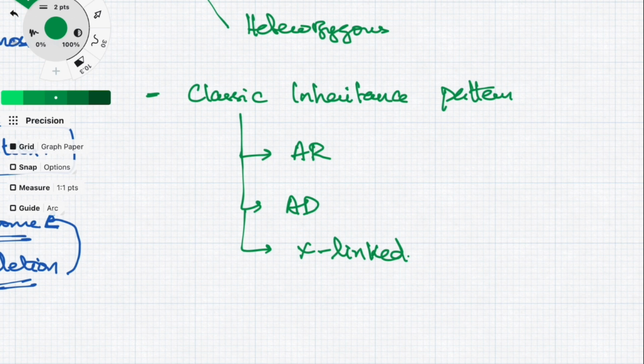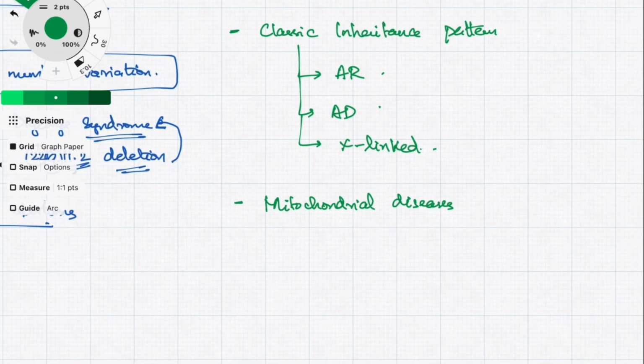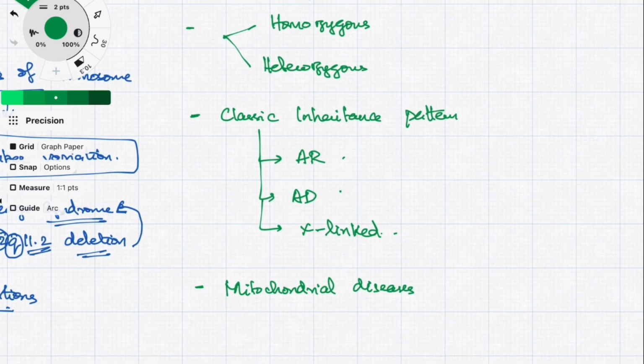So you can easily categorize them into one of these. And mitochondrial DNA can also be affected. So this includes mitochondrial diseases as well. Not just your nuclear DNA, but mitochondrial DNA can also be affected.